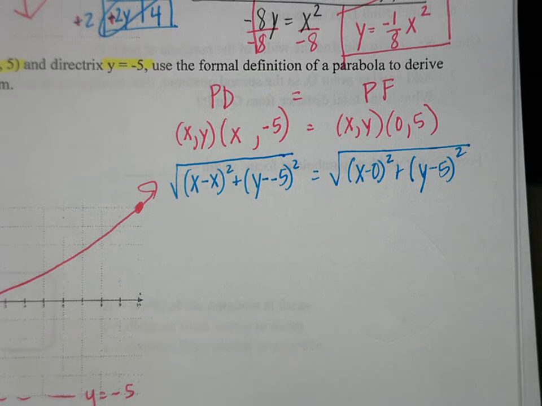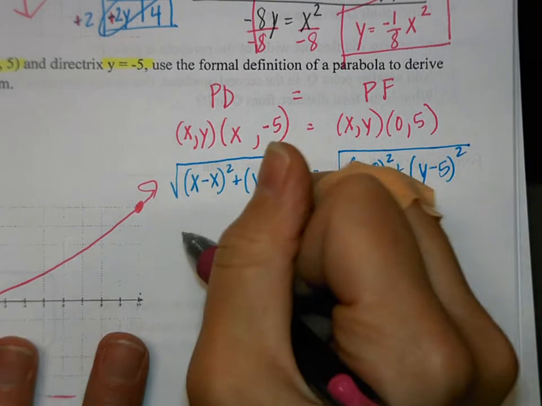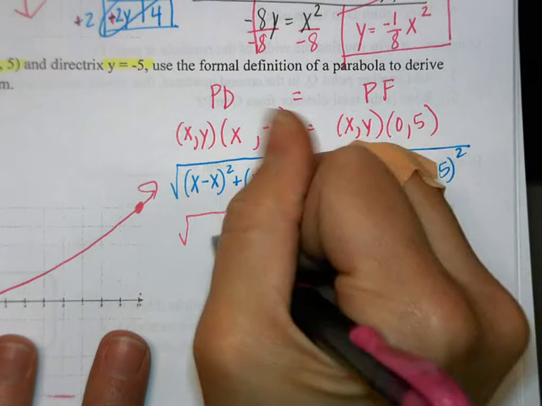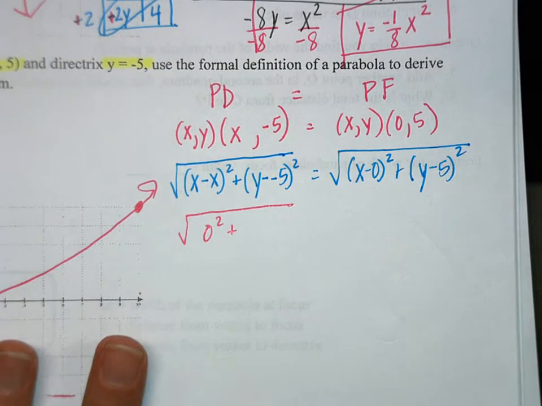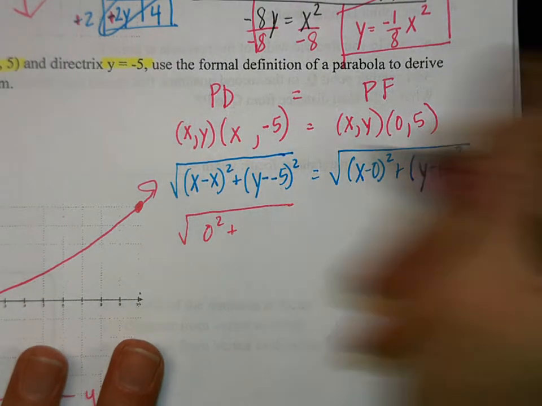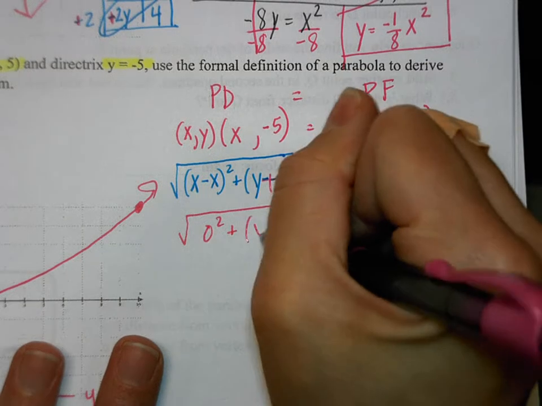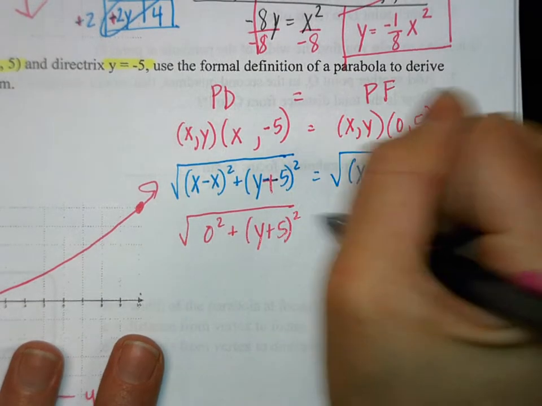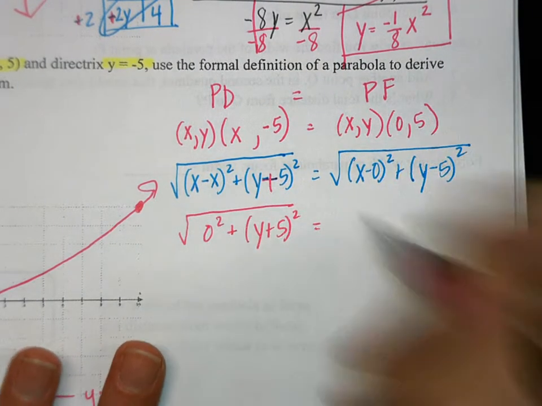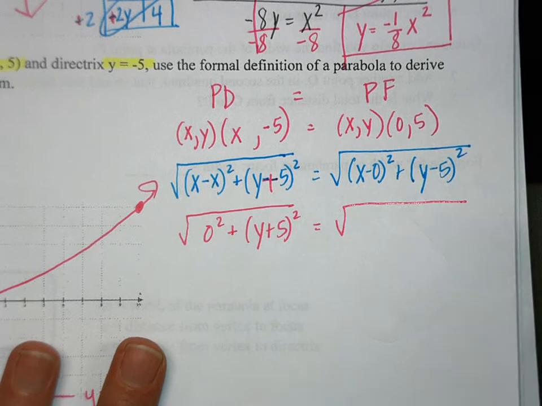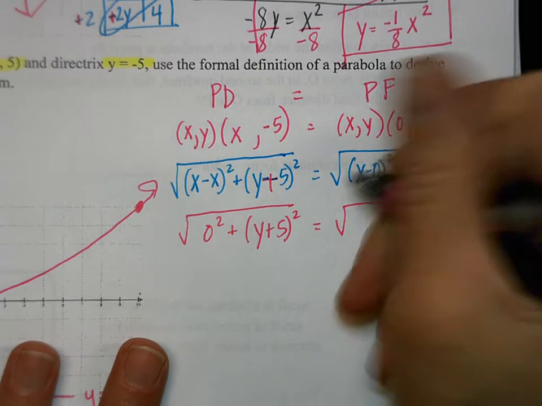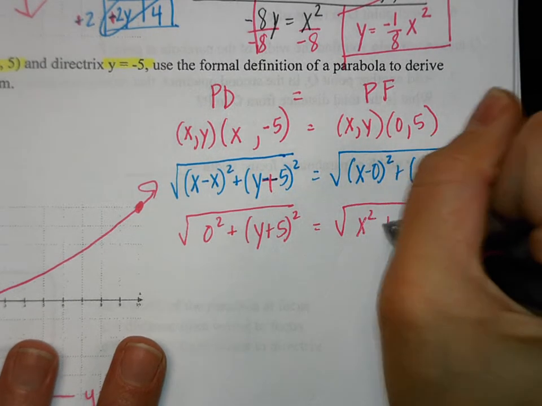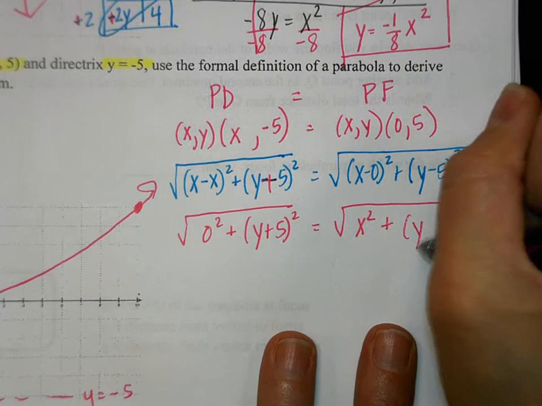Then we simplify. x minus x is 0. So I have 0 squared plus, and two negatives make a positive, and I have (y + 5) squared equals (x - 0) is x squared plus, and then we have (y - 5) squared.